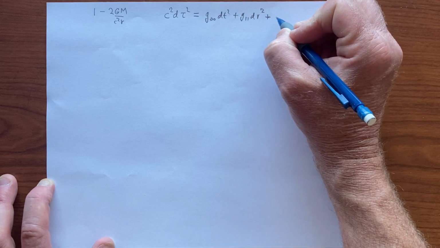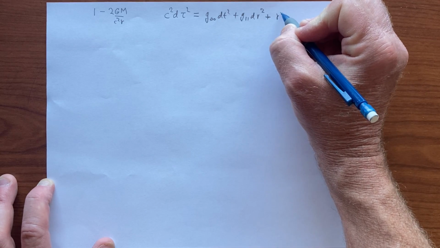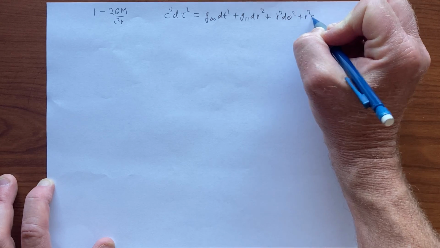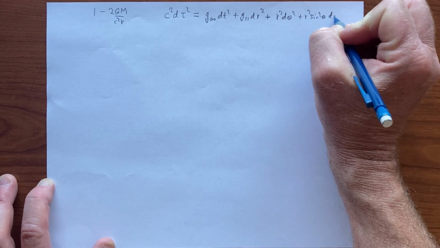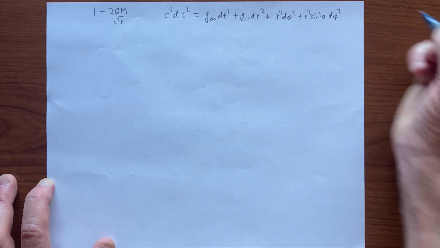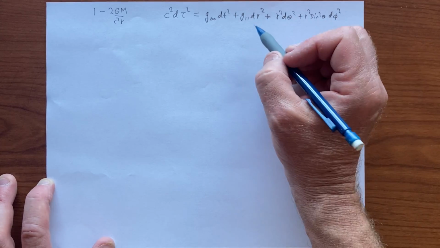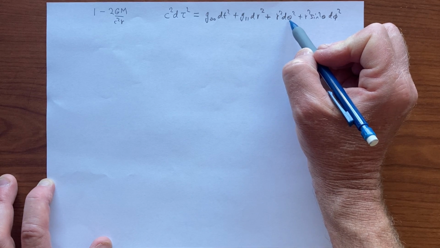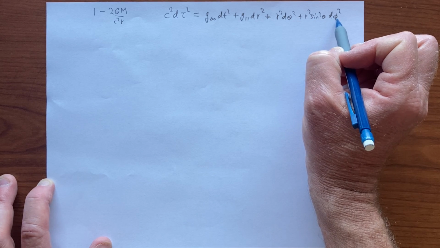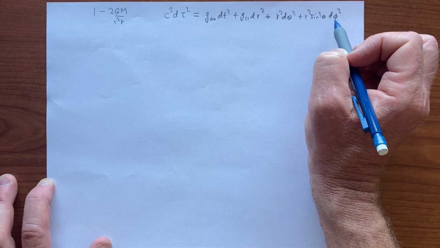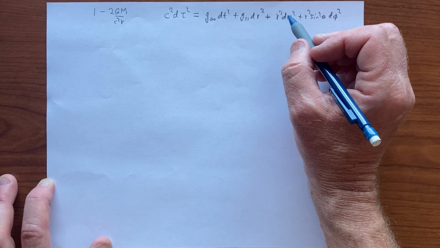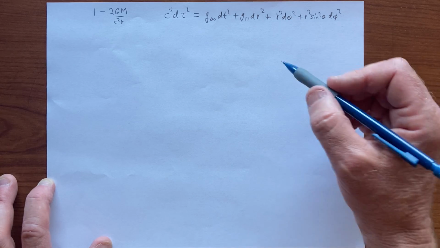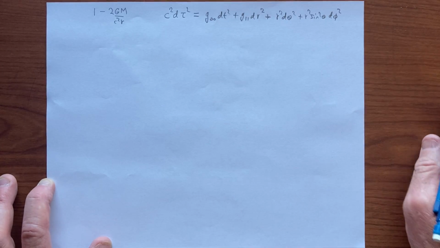And then we have the other terms, r squared d theta squared plus r squared sine squared theta d phi squared. And we want this to be 0 and this to be 0. We're not moving around this spherical object, and we're not moving in the polar direction.